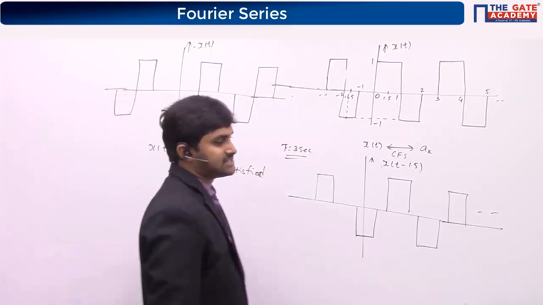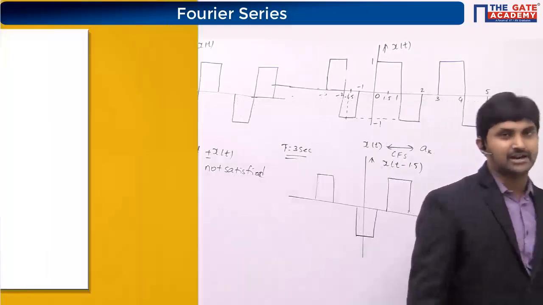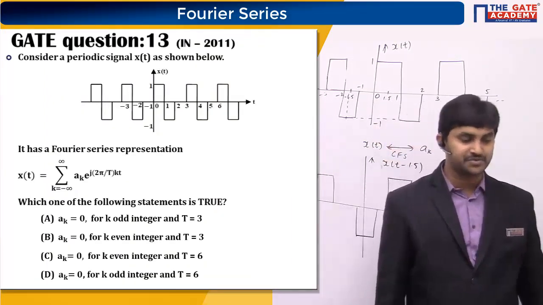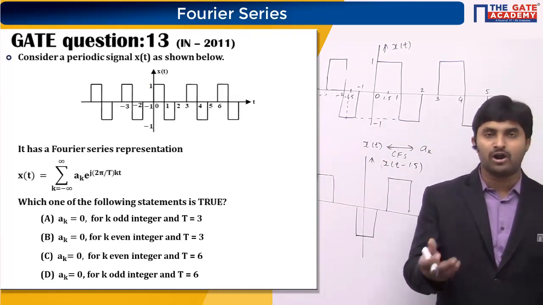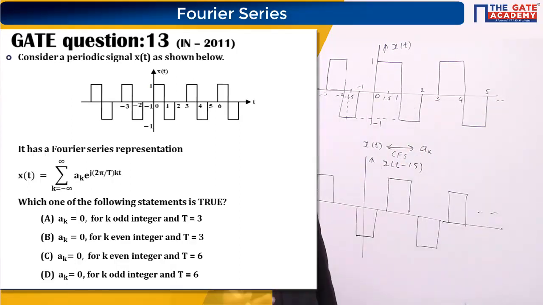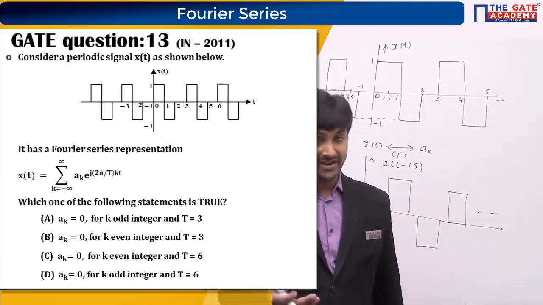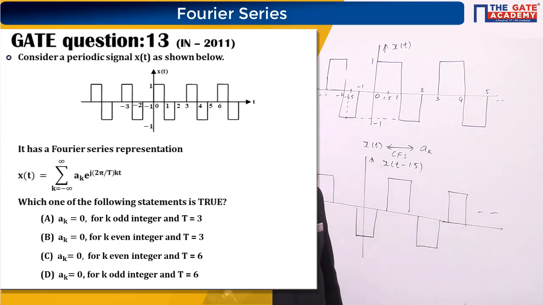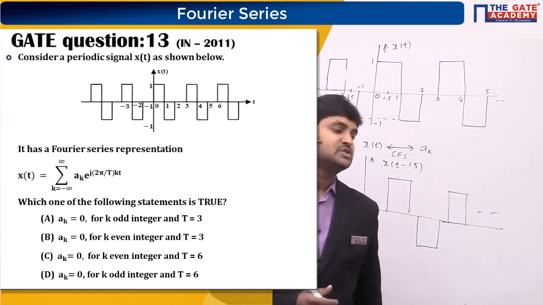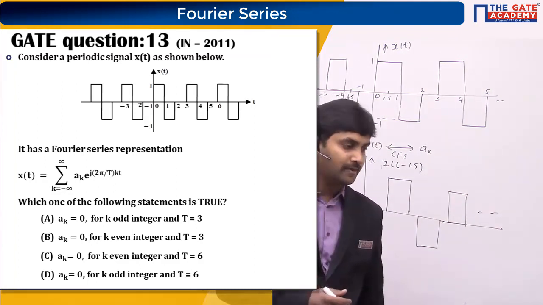So the first and second options are of course wrong, because the first option says that there are no odd harmonics, which means it satisfies even half-wave symmetry, and the second option says that there are no even harmonics, which is nothing but odd half-wave symmetry. None of the half-wave symmetry is satisfied. Therefore options A and B are wrong.